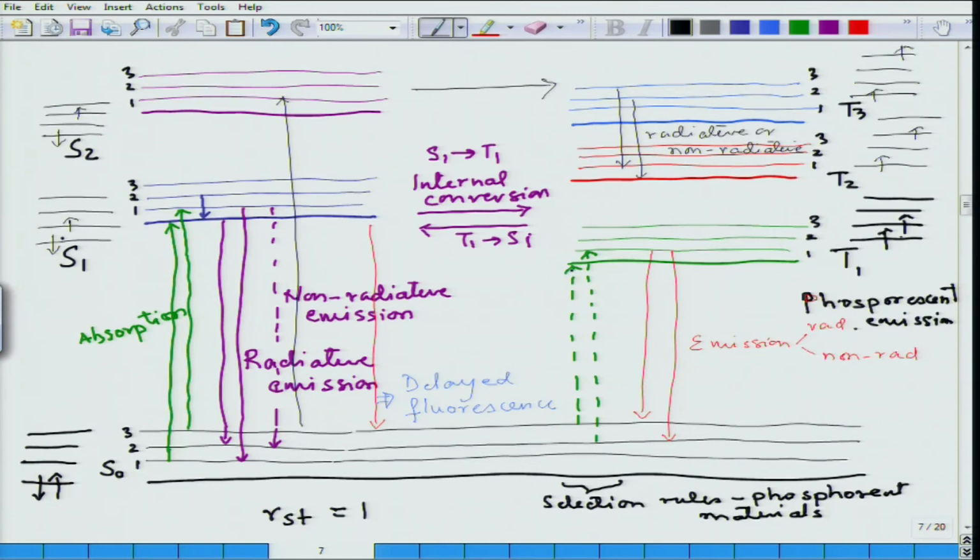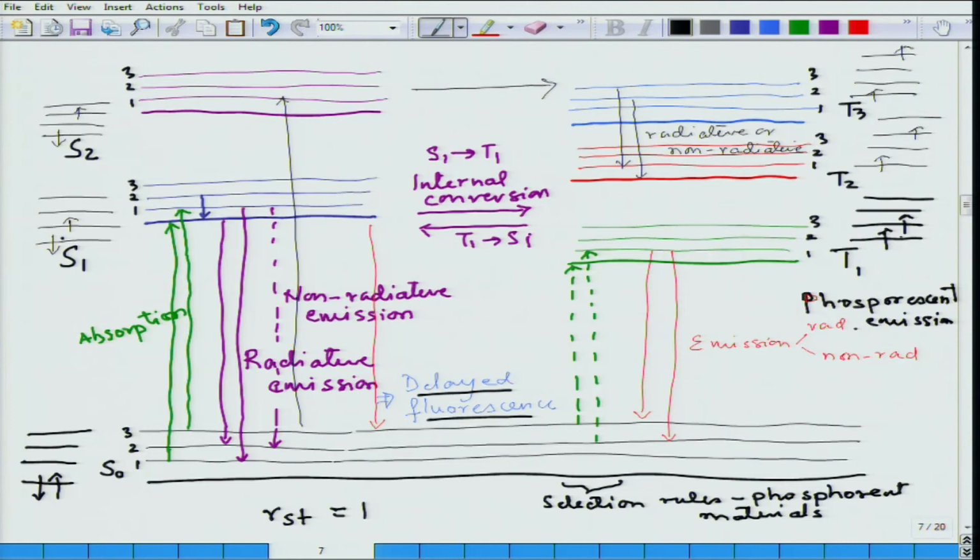and if we have a crossover back to the singlet state, then we can have delayed fluorescence, which would even have a longer decay constant, because there are two rates included in here, the transfer from singlet to triplet, from triplet to singlet, and then the emission of the light because of going from excited state to the ground state.